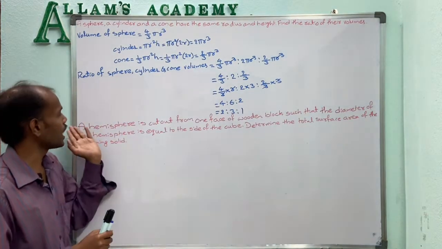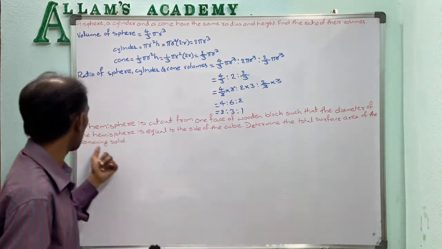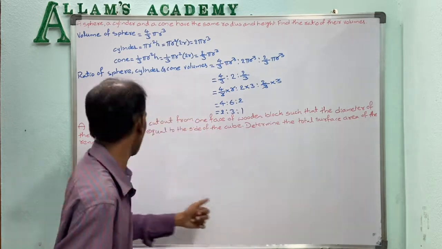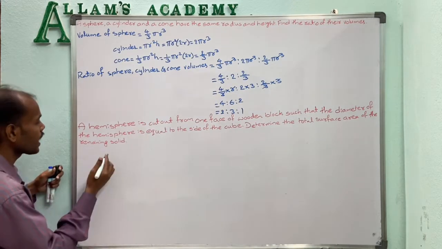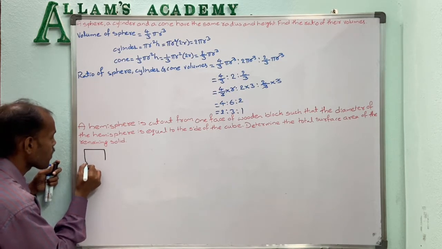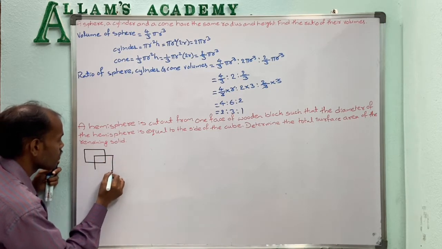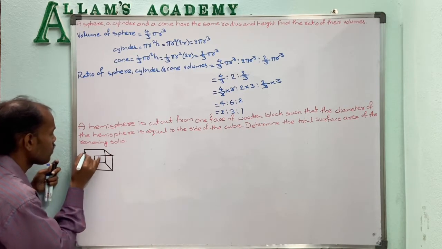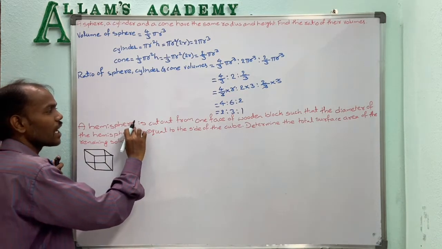Here the given problem is: a hemisphere is cut out from one face of a wooden block such that the diameter of the hemisphere is equal to the side of the cube. Determine the total surface area of the remaining solid. So here we take a cube, and from one face a hemisphere is cut out.